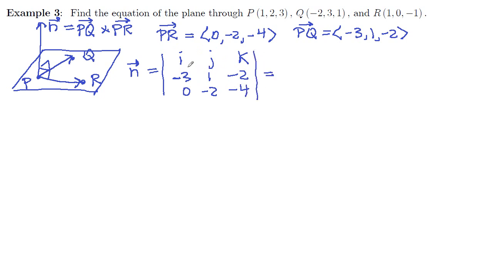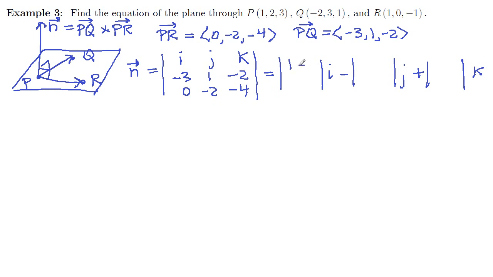So let's see here. So take out row and column of i. Oh, well, let's set this up first. So this is a 2 by 2 i minus a 2 by 2 j, and then plus a 2 by 2 times k. So we took out row and column for i. We had this matrix left.